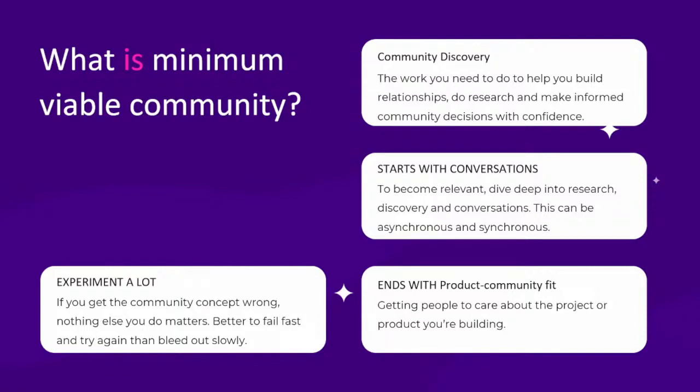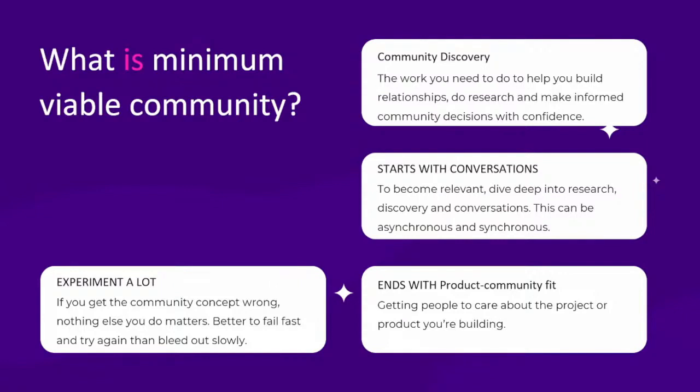So we call this community discovery because you have a certain set of starting points. You have a team, you have a product, you have a user base, you have a market. But what you don't yet have is those conversations, those relationships built up over weeks, months, years. And that's how you build out minimum viable community, with conversation at every single stage.